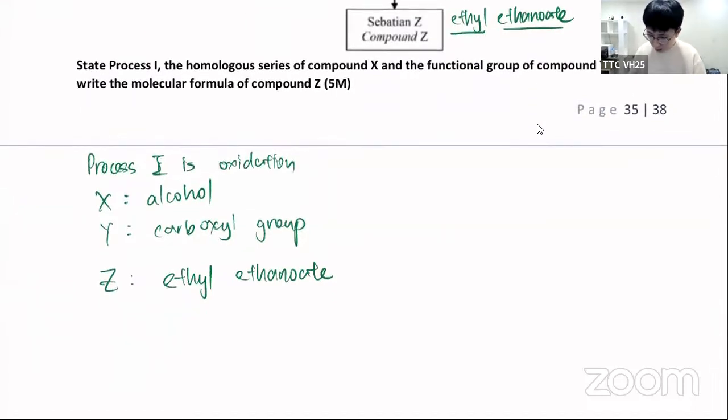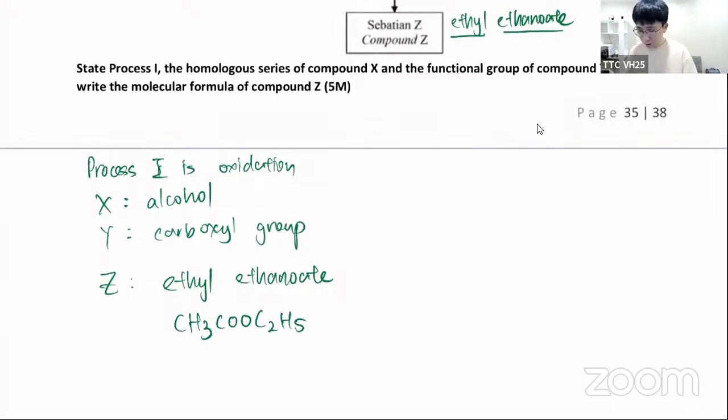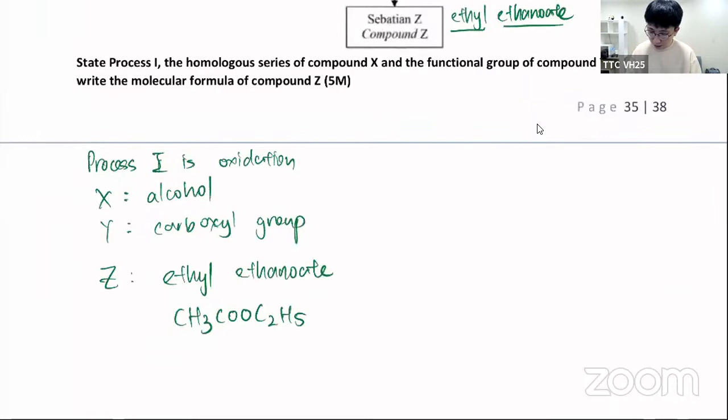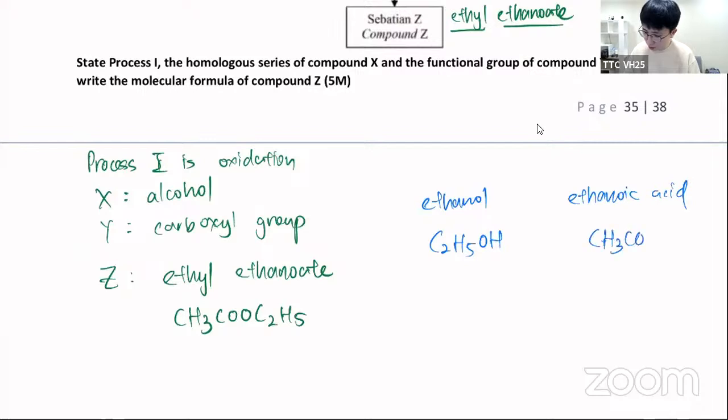Okay, so the formula will be CH3COOC2H5. Why like that? Because we know that ethanol is C2H5OH, then the ethanoic acid is CH3COOH.